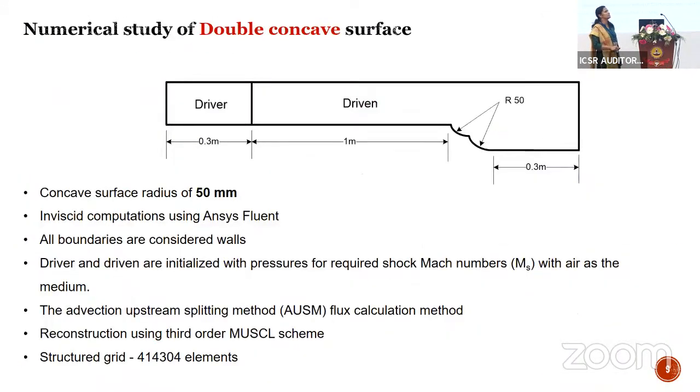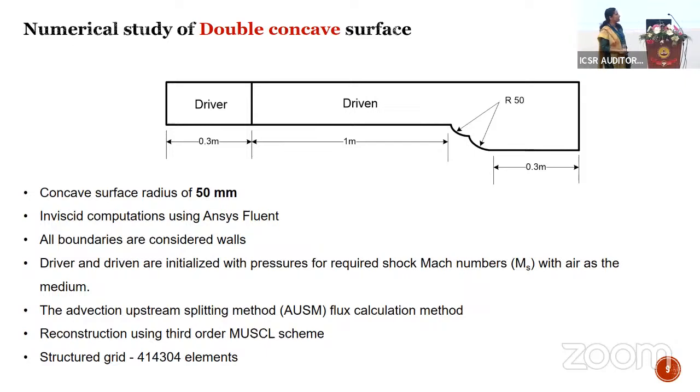In our present study, we are trying to take this to different geometries. One such case is a double concave surface, which is a similar geometry to that used by Hajjaj and Sony, with a radius of 50 mm. The simulation was carried out in the inviscid framework using ANSYS Fluent and a structured grid.